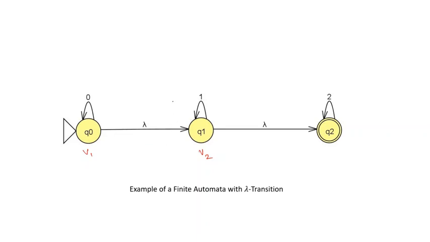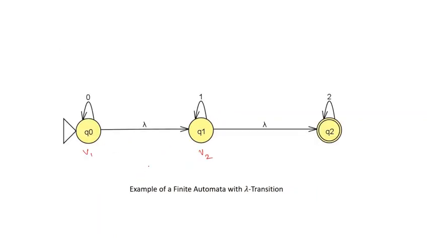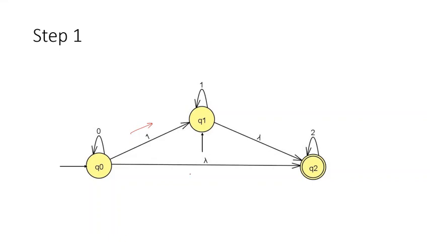There is a transition with label 1 from Q1 to itself, so Q0 gets a transition to Q1 with symbol 1. And again, there's a lambda transition coming out of Q1, which is Q1 to Q2, so there is a lambda transition from Q0 to Q2. Since Q0 is an initial state, Q1 is also an initial state.